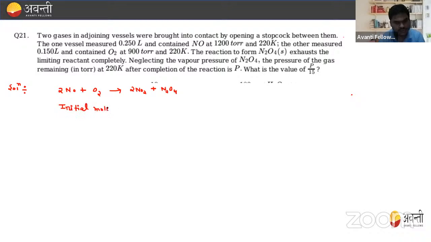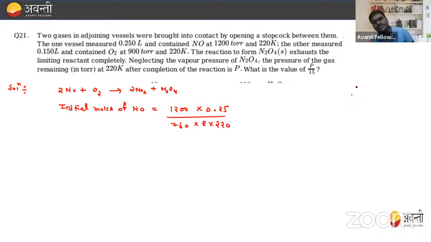The initial moles of NO is given by 1200 pressure into 0.25 volume, divided by 760, and this is R, and this is 220.